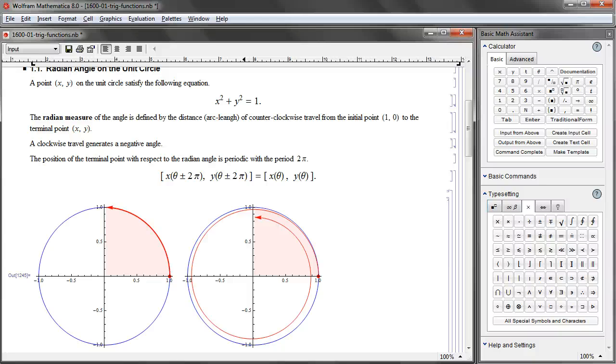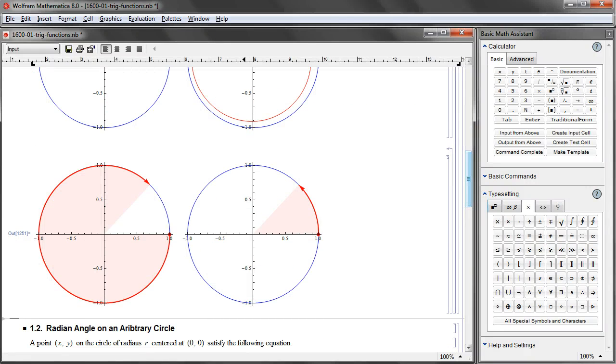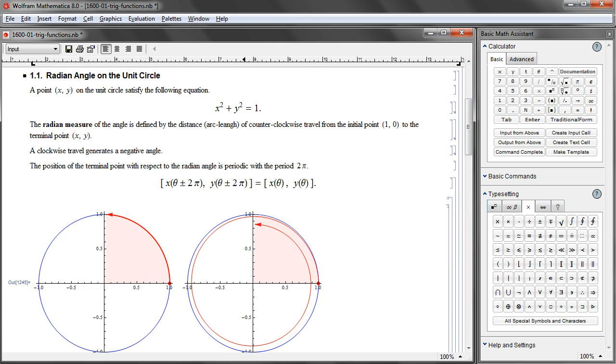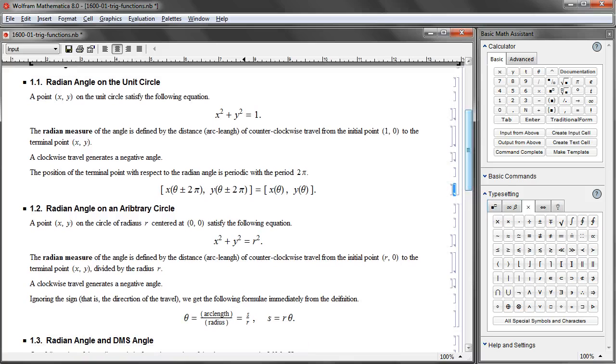We end up with the same place. And the bottom two pictures show the case when theta is negative, and then theta plus 2 pi. So we have periodic behavior for the terminal points of those angles.